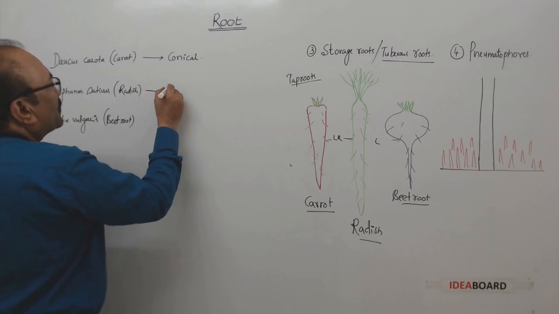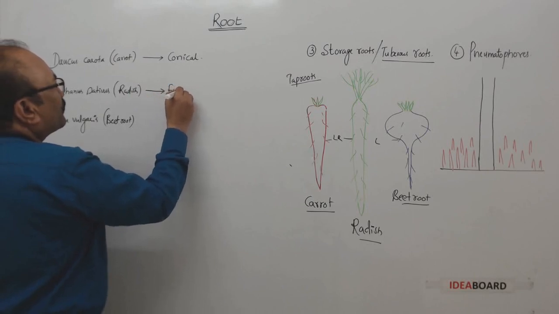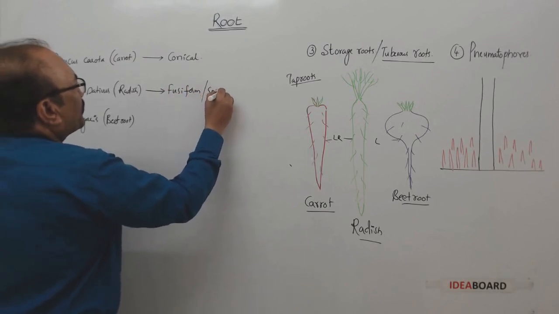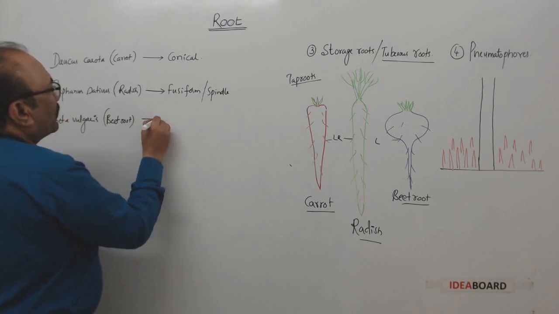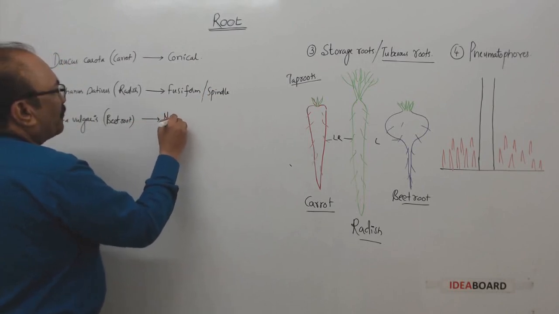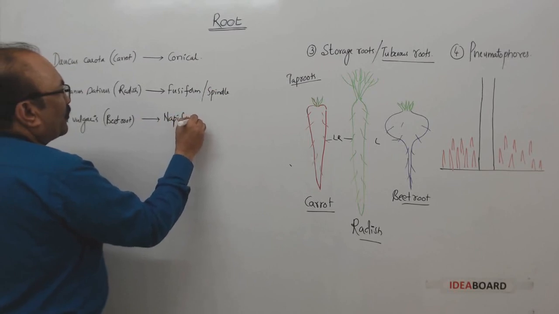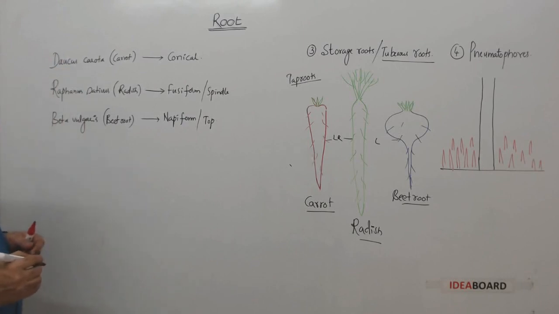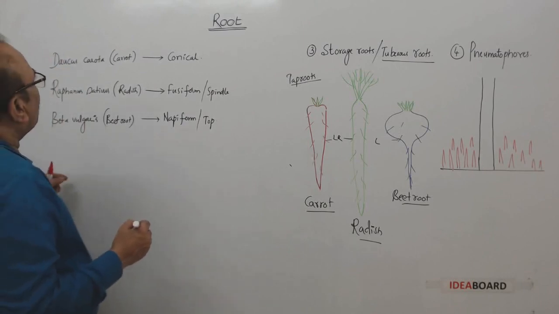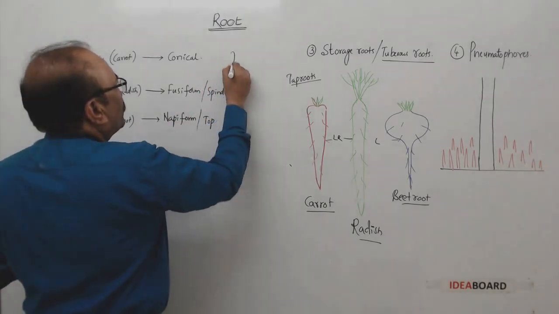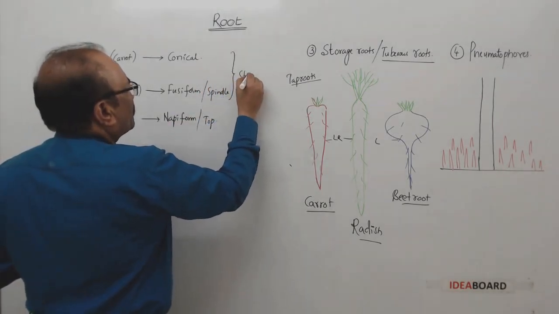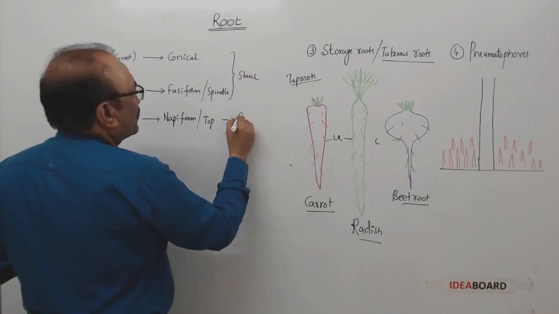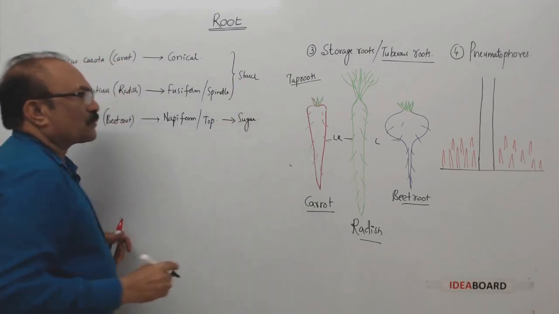In Raphanus sativus it is fusiform or spindle shaped. In Beta vulgaris, we call this shape napiform or top shaped. In carrot and radish, the food material is stored in the form of starch, but in beetroot the food is stored in the form of sugar, that is sucrose.